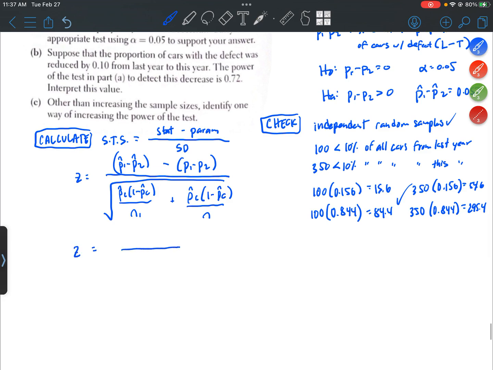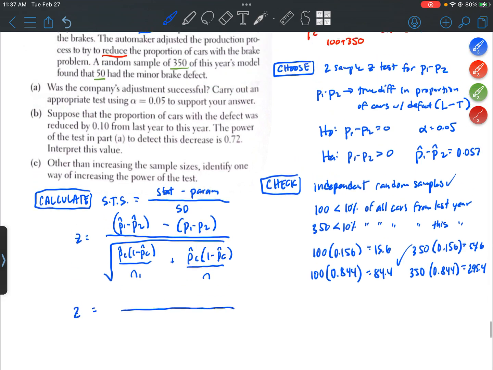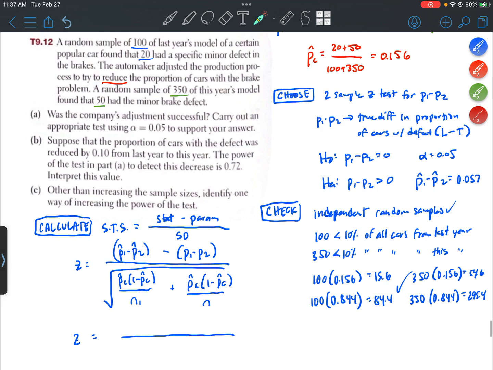All right, now we can start plugging in the numbers. Our statistic was 0.057. Our parameter was 0, according to the null hypothesis.